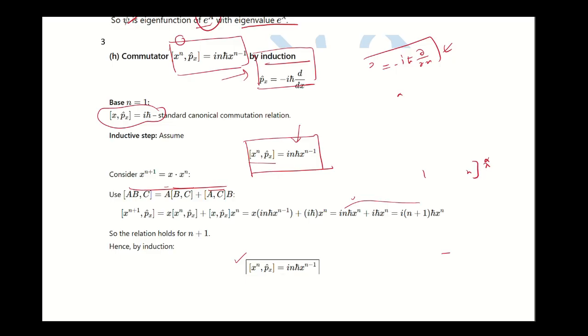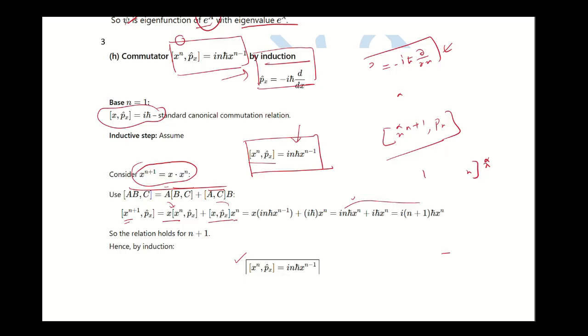This relation exists: the commutation relation of x to the power n with px gives iota n h cross x to the power n minus 1. Now we calculate the commutator of x to the power n plus 1 with px. If we use this relation, x to the power n plus 1 is x to the power n into x, and using the commutation rule we get x times the commutator of x to the power n and px, plus the commutator of x and px times x to the power n.